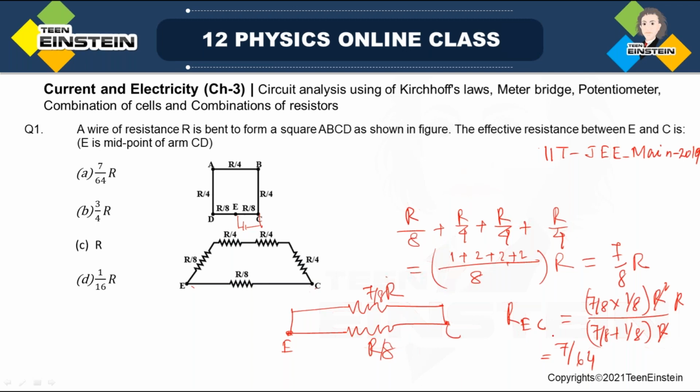So this will be 7 by 64 into R. Okay, so the answer is this one, 7 by 64 R. We'll go to the next question.